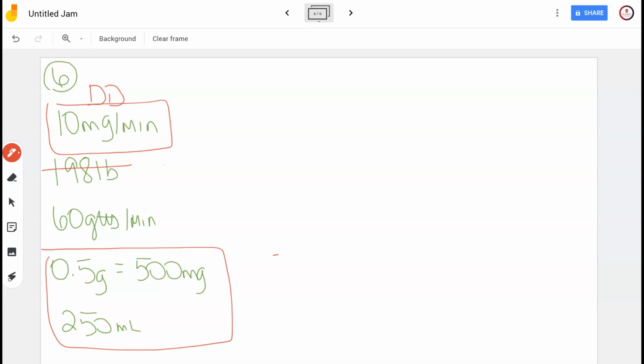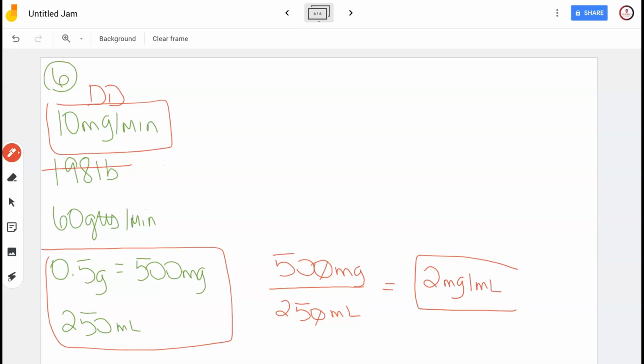So you have put 500 milligrams in a 250 milliliter bag, right? So you can simplify. 50 divided by 25 is 2 milligrams per milliliter. This is your dose on hand.